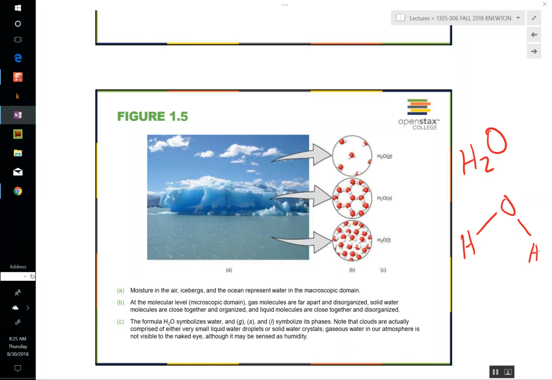And so there are the individual molecules right there with 2 hydrogens connected to an oxygen. Here are these individual molecules associating with other molecules into a crystal pattern. They're getting locked into a crystalline pattern, solid, and then there they are, closer than they are in the gaseous phase.